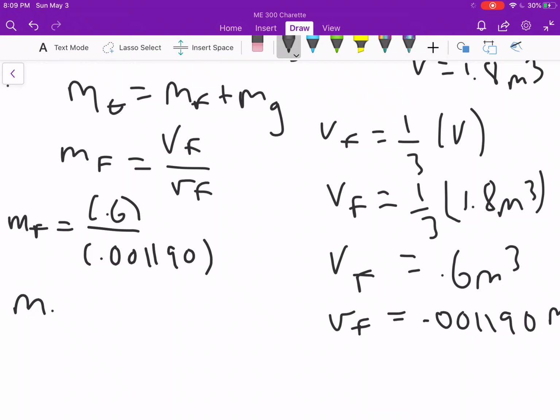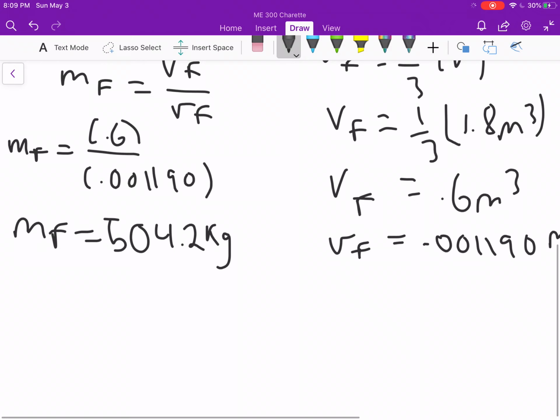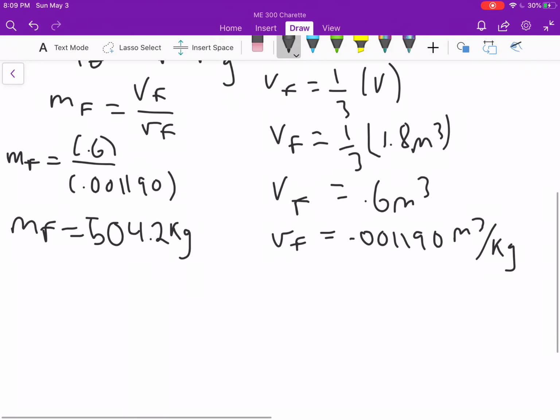So our mass for our saturated liquid is going to equal 504.2 kilograms.